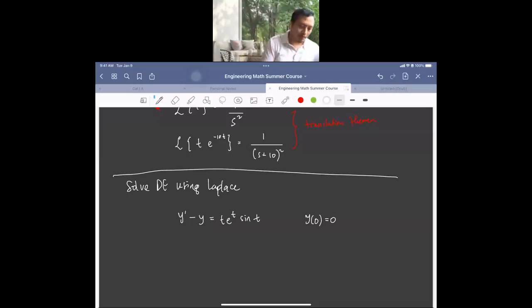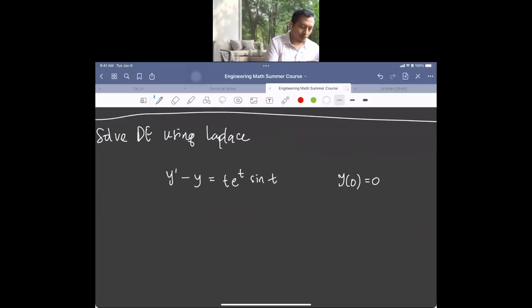Now, using Laplace means that we are going to have Laplace of y prime minus Laplace of y and Laplace of this t e to the power of t sin t.